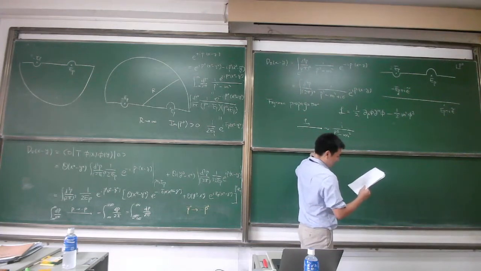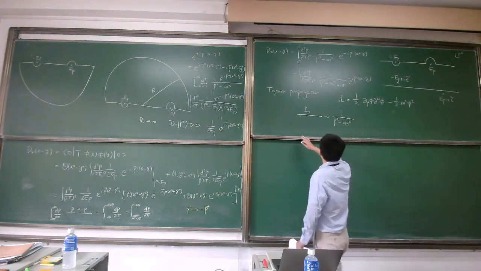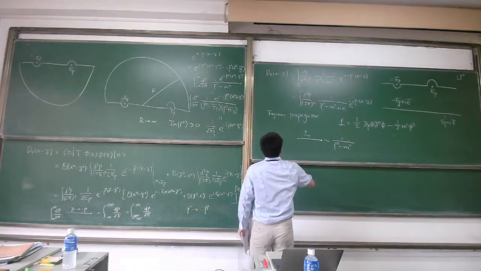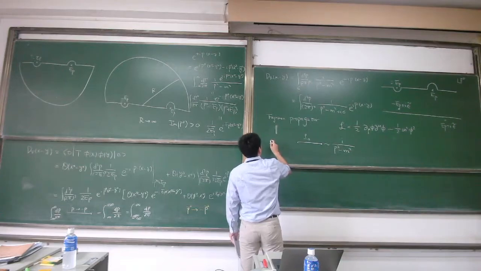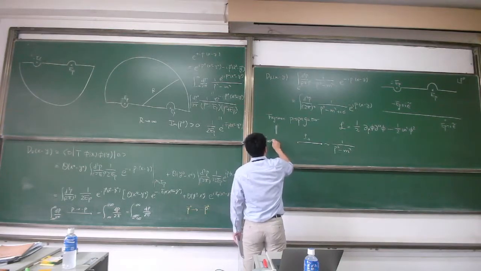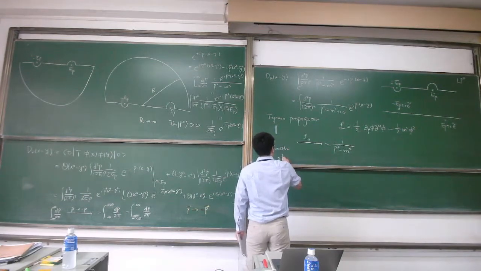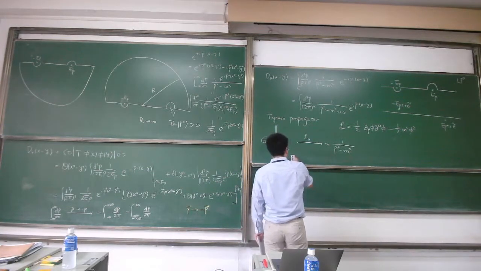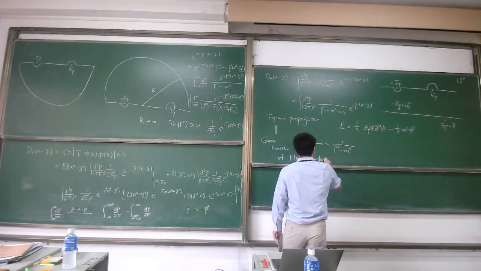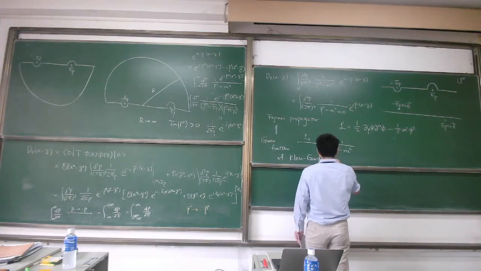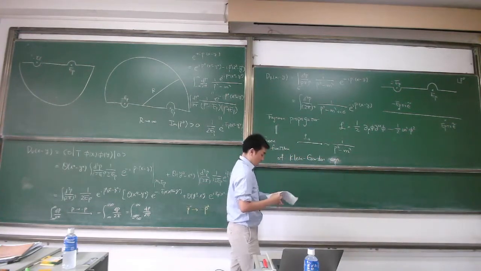So this Feynman propagator is, in fact, the Green function of the Klein-Gordon equation, which means as follows.